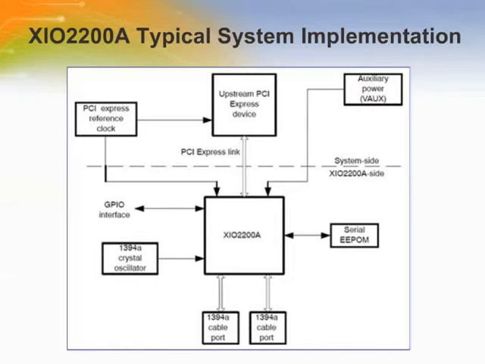The serial EEPROM can be used to set various configuration registers, but is not necessary if those registers are settable via system software or BIOS. Up to 8 general-purpose inputs and outputs exist for further system customization. The 1394 core requires a standard 24.576 MHz crystal oscillator as described in the 1394A specification.